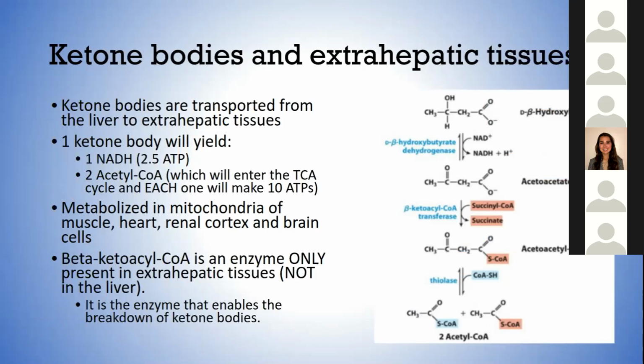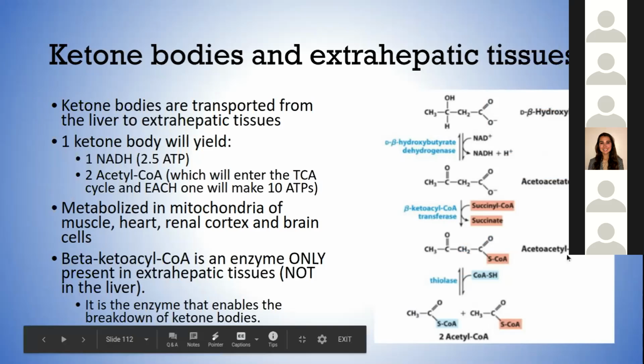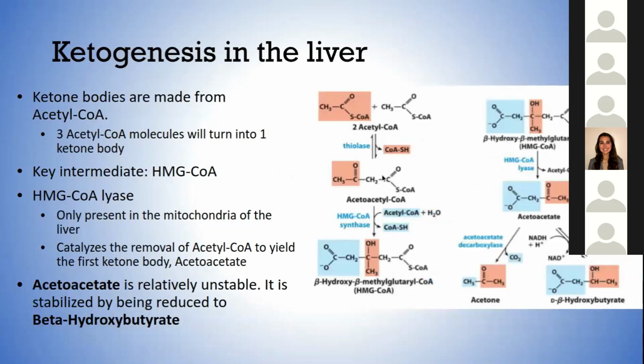And this beta ketoacyl-CoA transferase here is what's going to give us our acetoacetyl-CoA that we saw in the beginning when we were first doing the first step of ketogenesis.